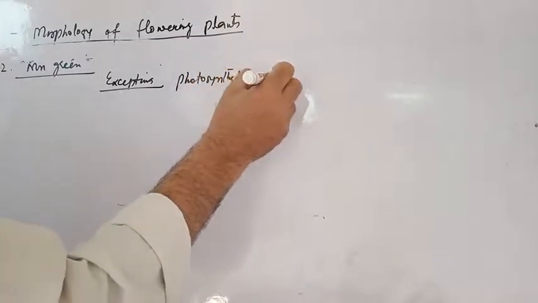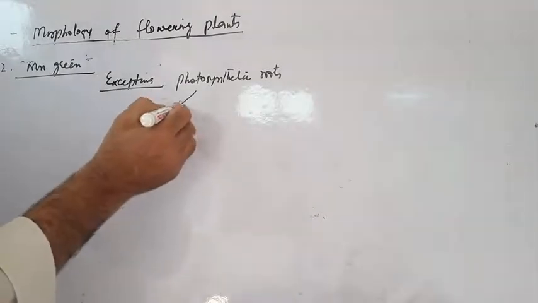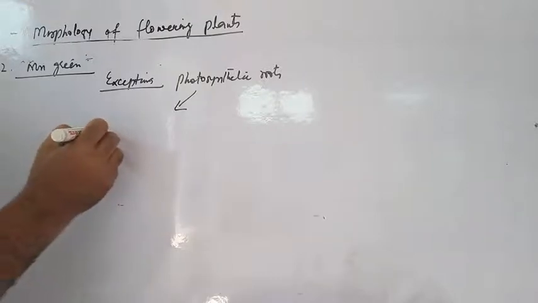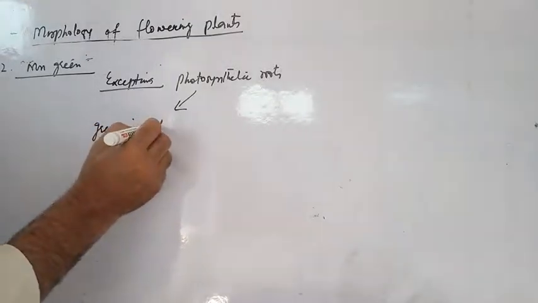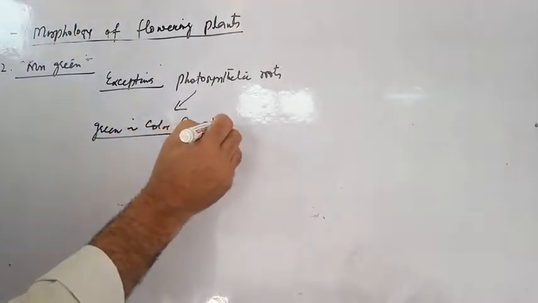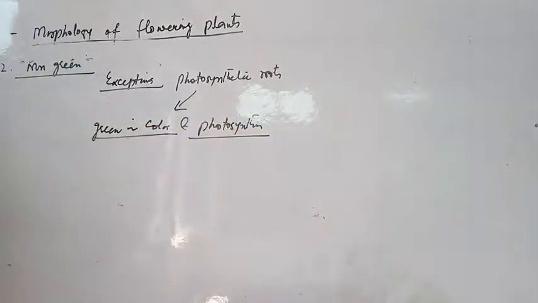We also call them assimilatory roots. Here they are green in color and perform photosynthesis. That is an exception, but apart from the exception, normally roots are non-green.